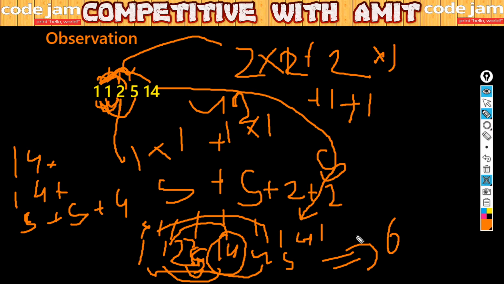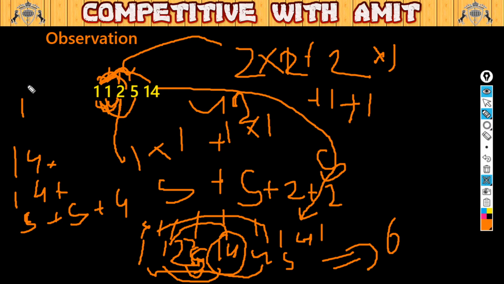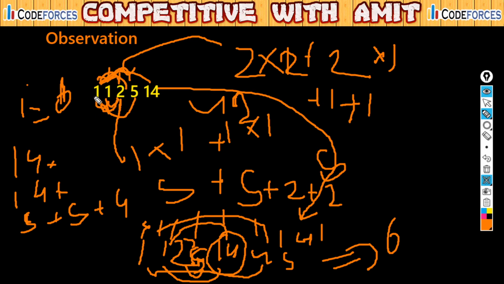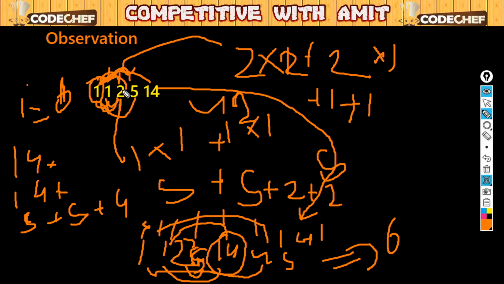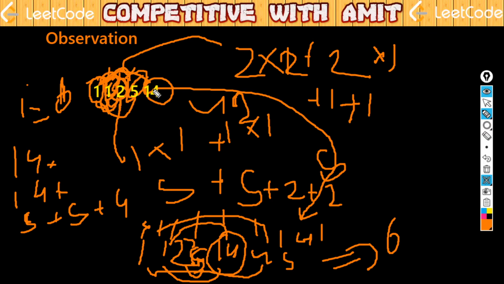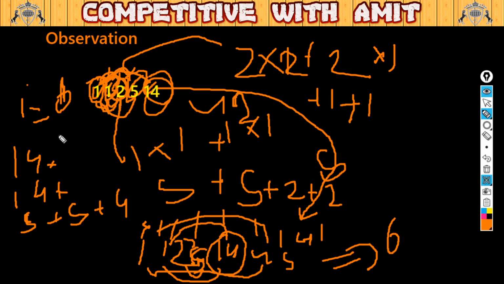So now we have observed something: if we multiply our initial index by the last index, and keep iterating, this by this, then this by this, and finally this by this, we will get the value.